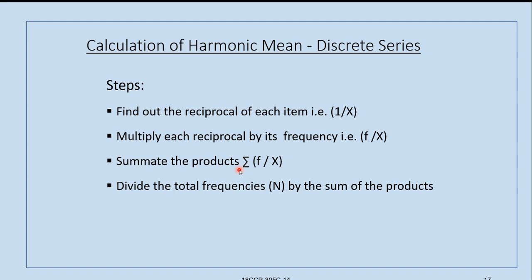And then divide the total frequencies n by the sum of the products. This step is very important. You clearly understand this step. You are dividing the total number of items by the sum of the products. Products means frequency into 1 by x values, where we have taken the reciprocal.